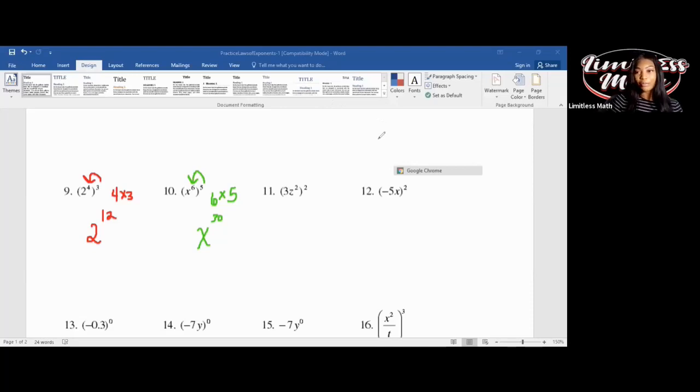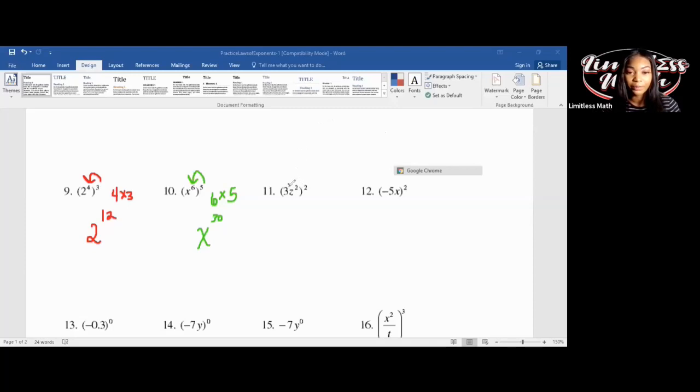Now, number 11, we have more than one thing inside the parentheses here. We have 3z squared, and that whole thing is being raised to the 2nd power. I see power of a power. I see upper level exponents and lower level exponents. But remember, the first thing I want to do is to label anything that's not labeled with an exponent. So I can see that 3, the big 3, doesn't have an exponent on it. That's not a problem, but it would be easier to not make mistakes if I put an exponent on it. So there's an invisible 1.